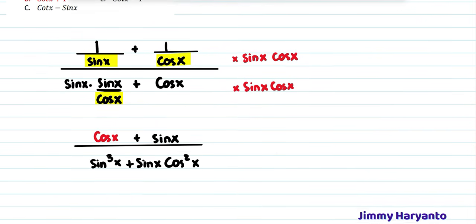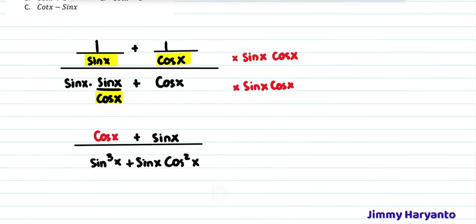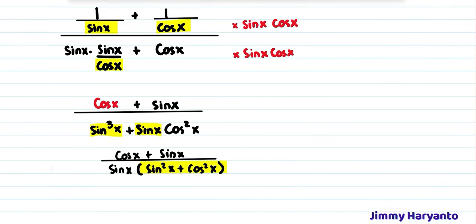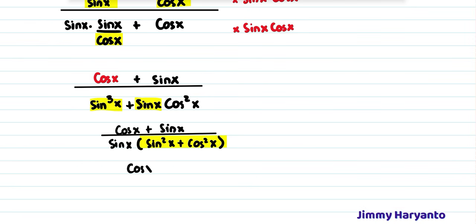And then next, I think I can factorize this sine because we have two sines right there, and they are separated by the addition. That means we can factorize it like this: sine x open brackets, and then for this one we'll have sine square x, and that one is cos square x. Okay, this one will be equal to 1 because we have the formula, and then we have this expression as the final result.